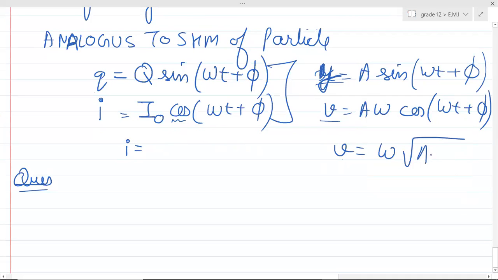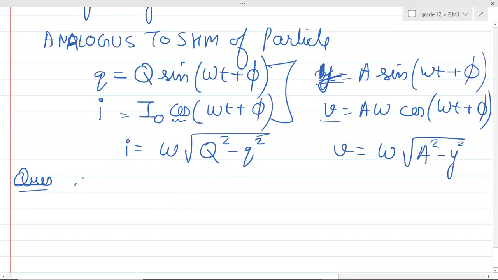Here also I will be equals to omega into under root of I naught square minus q square. The maximum possible charge minus the instantaneous charge. So there is a relationship between them as well. ये भी याद रखना थोड़ा सा.